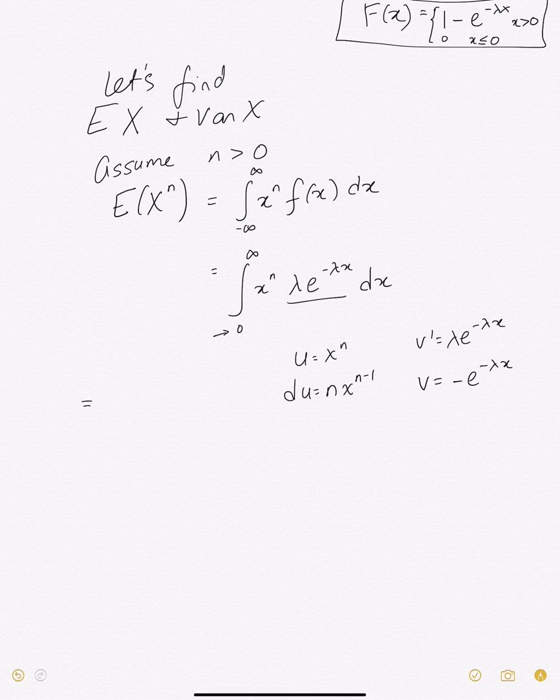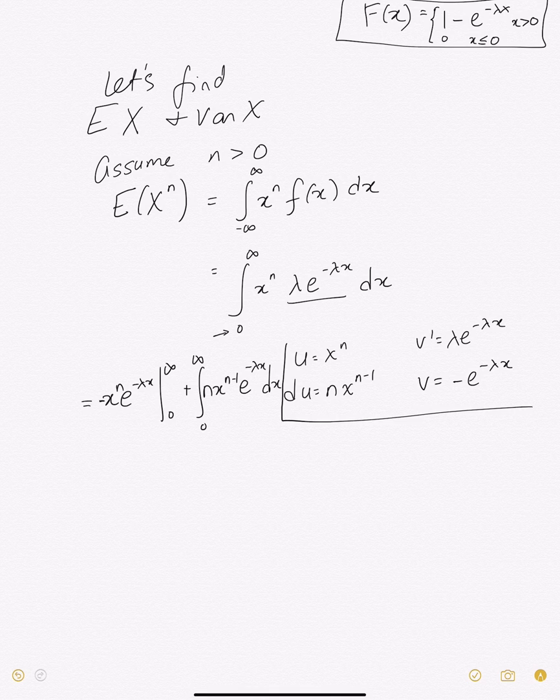It'll be u times v going from 0 to infinity, minus the integral of v times u prime. Since v is minus of that, I'll just put a plus there. Let me just box this off.